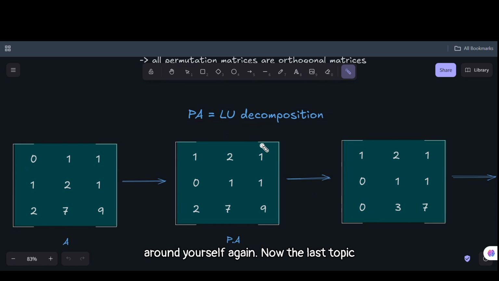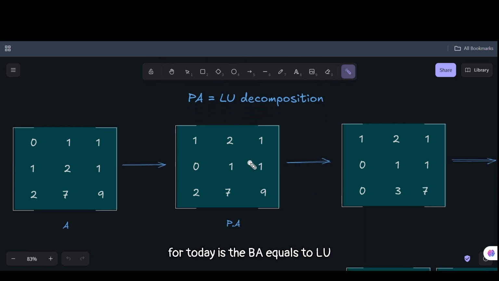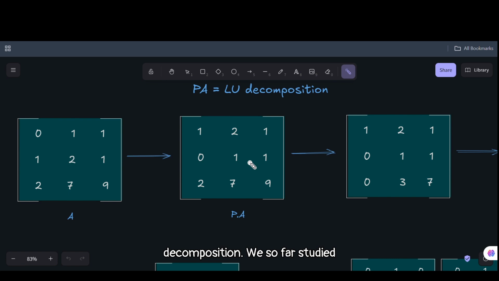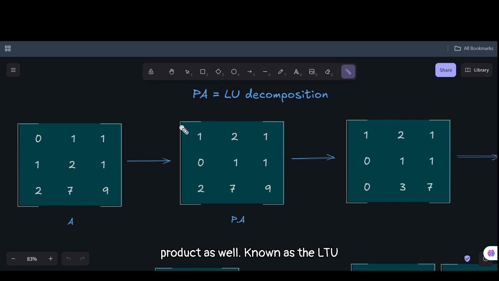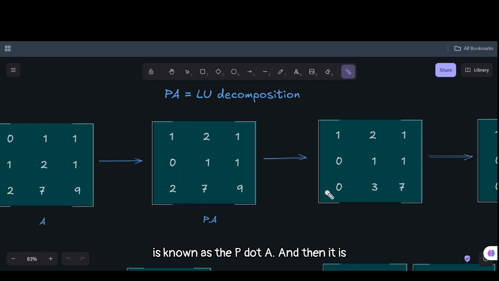Okay. Now the last topic for today is the PA equals LU decomposition. We have so far studied different types of decomposition, which could be further factorized into a triple product, known as the LDU decomposition, right? But when we encounter a system where there is a zero entry in the pivot position, we first need to fix the system by swapping the rows, which is known as PA. The resultant is known as P dot A, and then it is converted into the upper triangular form.